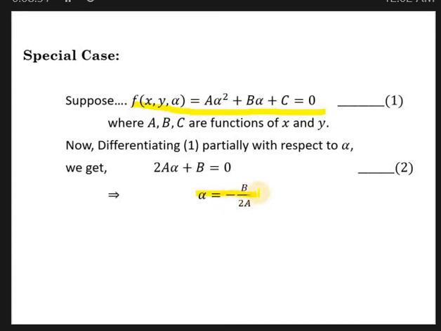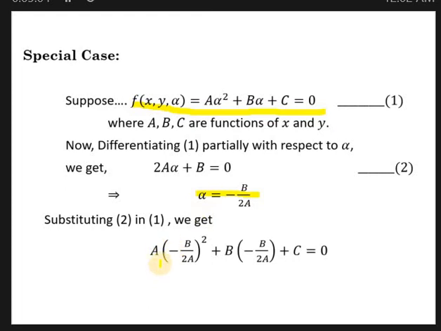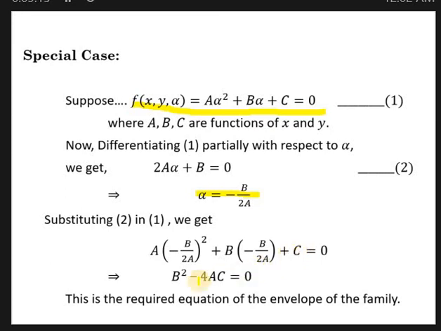So this is the value of alpha. Now substituting in the equation 1, let us take this as equation 1. In the above equation, we get a into alpha square, meaning a of (minus b by 2a) whole square, plus b of (minus b by 2a), plus c. By simplifying this equation, it reduces to b square minus 4ac is equal to 0.